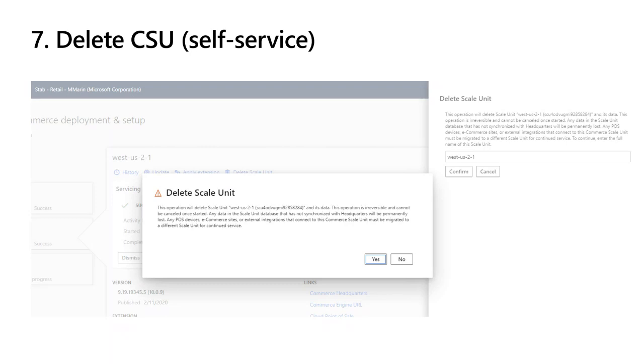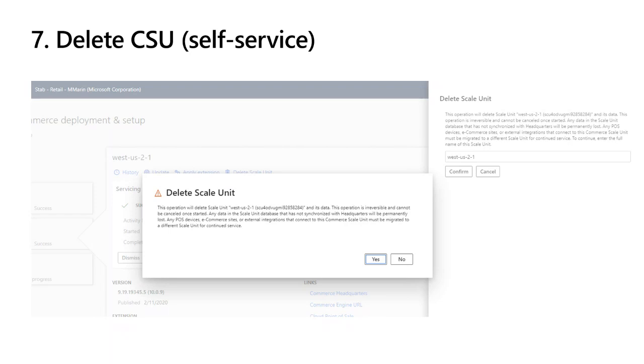So this delete capability allows you to just click delete on a CSU and confirm, and it actually deletes that CSU. We do want to caution that once you delete the CSU, any data that is in the CSU would be lost and cannot be recovered.